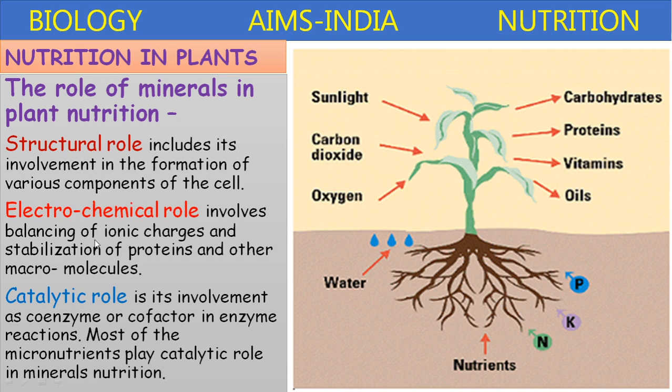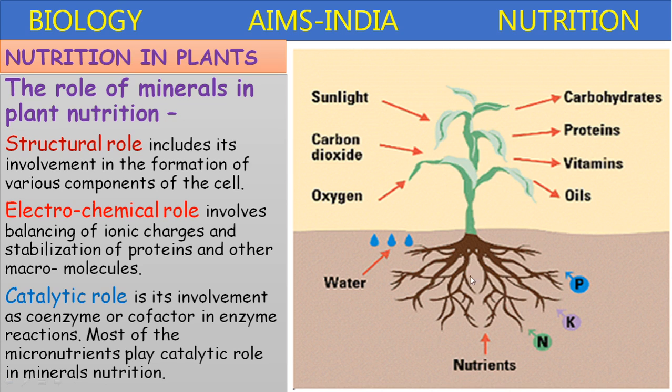It involves balancing of ionic charges and stabilization of proteins and other macromolecules. Next, catalytic role. Catalytic role is involvement as coenzyme or cofactor in enzyme reactions. Most of the micronutrients play a catalytic role in mineral nutrition.